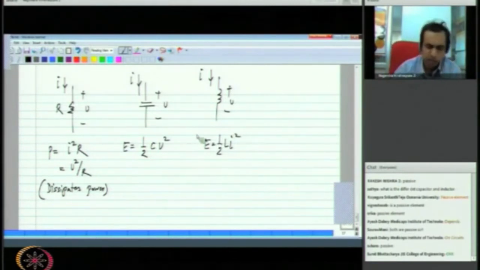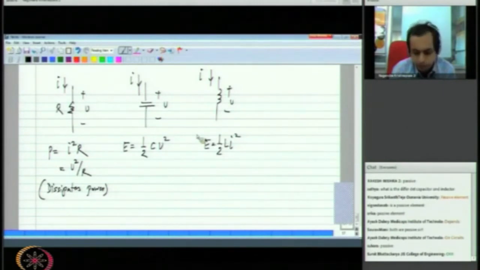You see that the instantaneous power in a resistor will be the instantaneous voltage square divided by R or instantaneous current square times R. The instantaneous energy stored in a capacitor is the voltage at that instant square times half C. Similarly, the instantaneous energy stored in an inductor is the instantaneous current squared times half L.